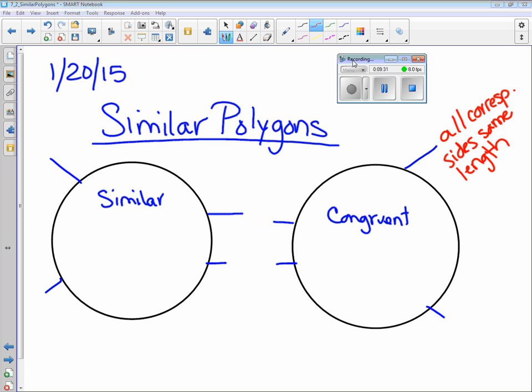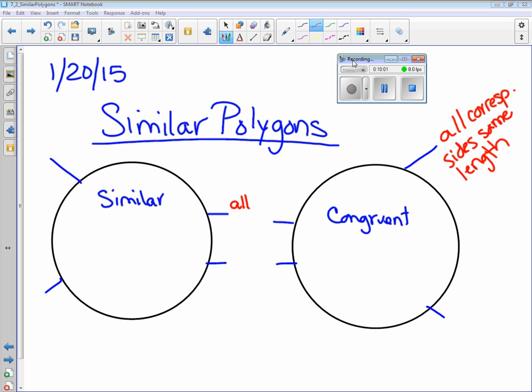Okay? Give me something else you know about congruent triangles. Well, we know something about the sides. What's true about their angles? In congruent triangles, are their angles the same measure? You should know this definitively. Yes. All the angles and all the sides. Would you agree? So here's what's true, though. Similar triangles also have congruent angles.